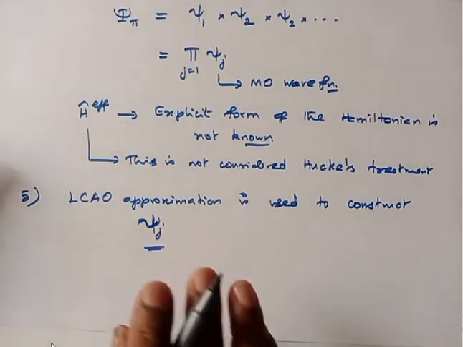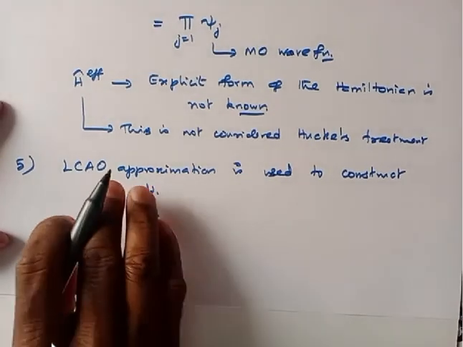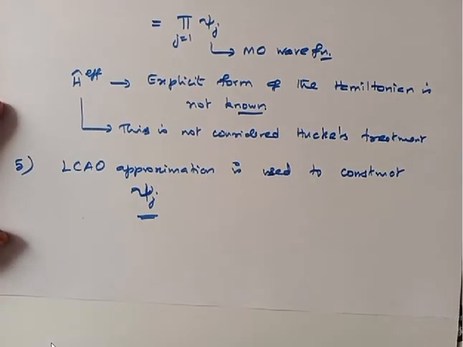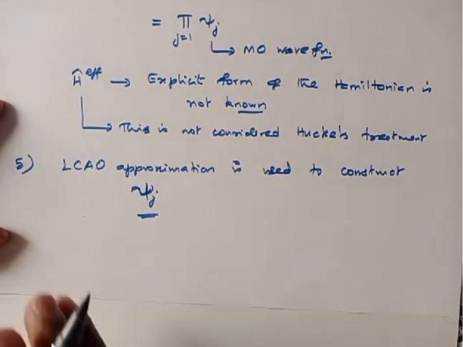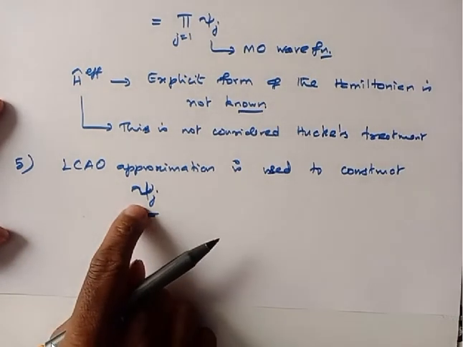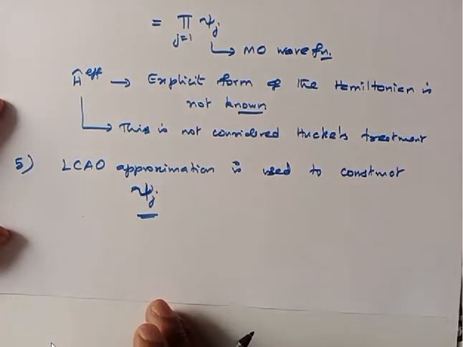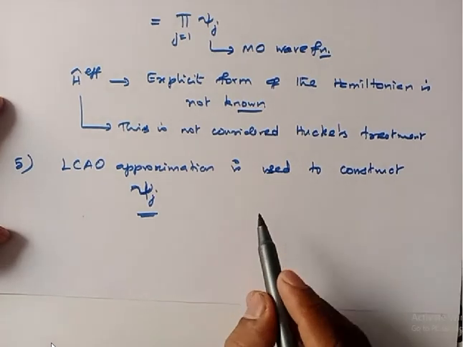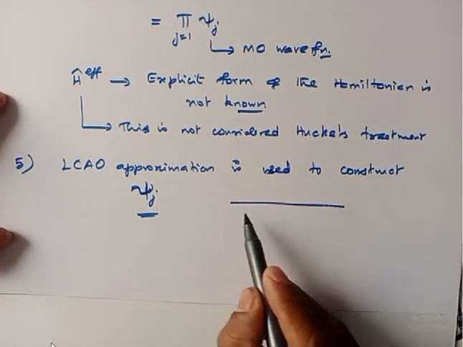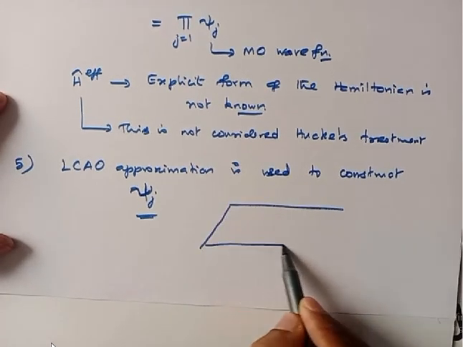Okay, so let's discuss some more information on this. What is meant by linear combination of atomic orbitals and how to construct the molecular orbital wave function. Suppose I have an organic molecule containing pi electrons.